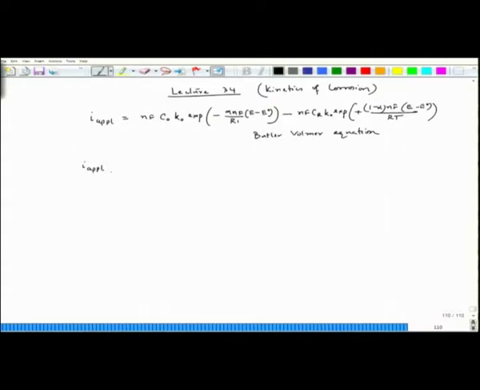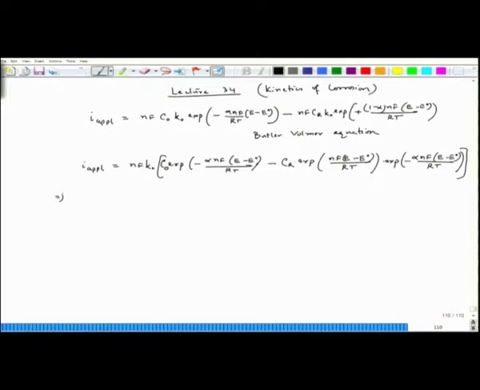I applied equal to nF k0 exponential minus alpha nF (E minus E0) divided by RT, minus this is C_O C_R exponential nF (E minus E0) divided by RT into exponential minus alpha nF (E minus E0) divided by RT.